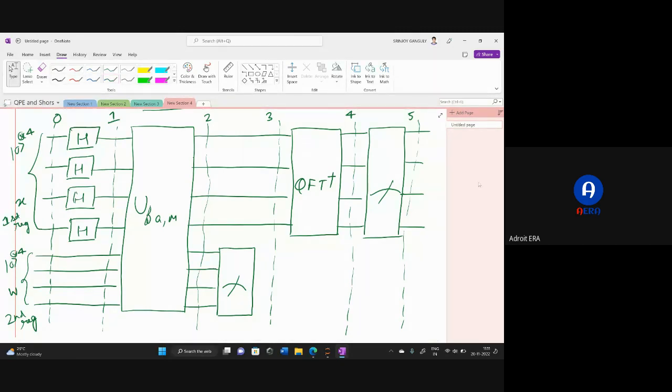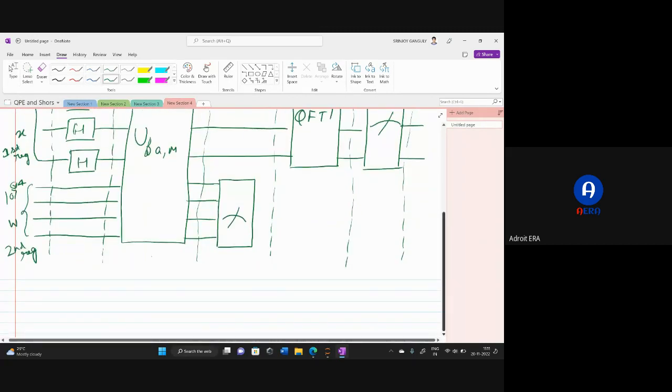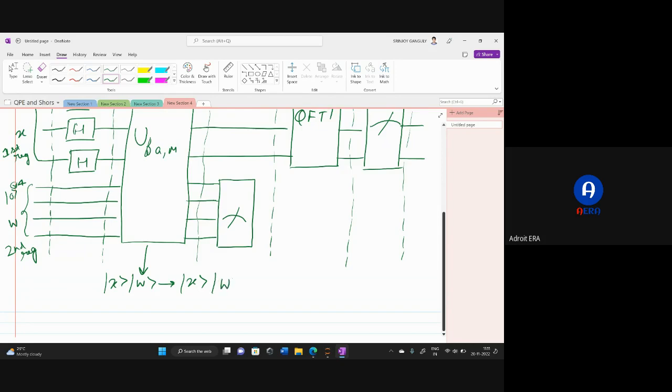And now, as you can see, this unitary, what is this unitary? This unitary is nothing but ket x, I'm just writing in general form, a ket w. Okay, just name them, where this is getting translated to ket x and ket w XORed with f of x, a comma m.